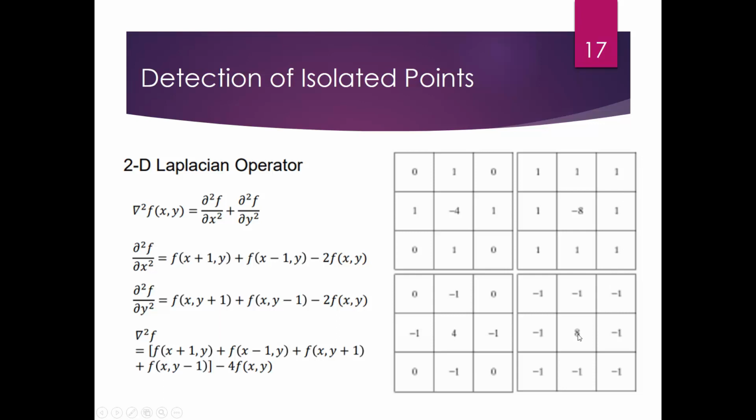And if the center element is positive 8, then the rest of the elements are minus 1. With the help of these masks, you can find out the edge information, or the isolated points.